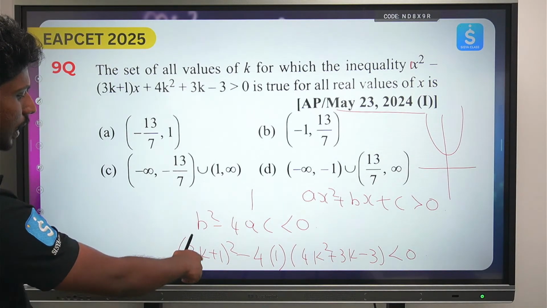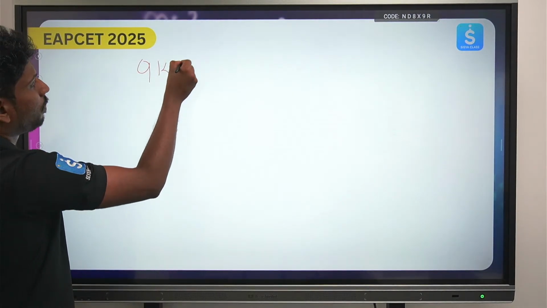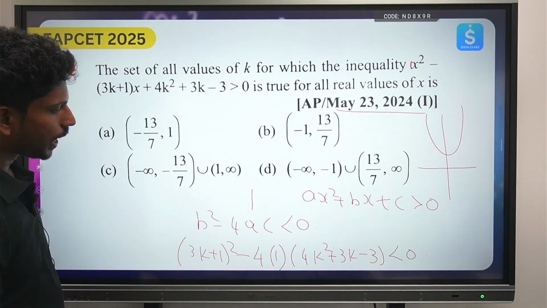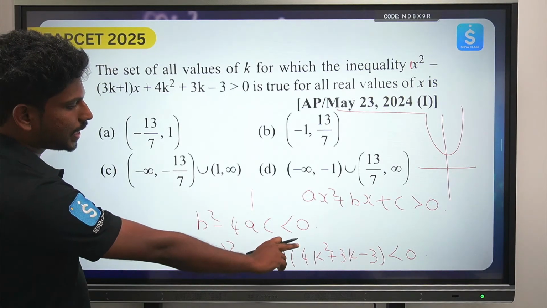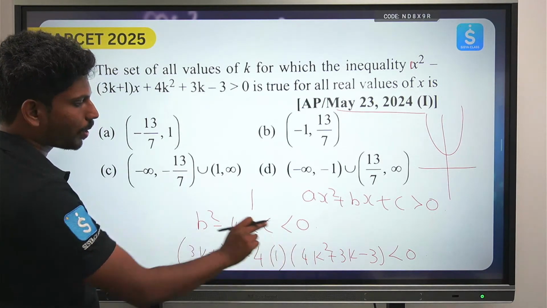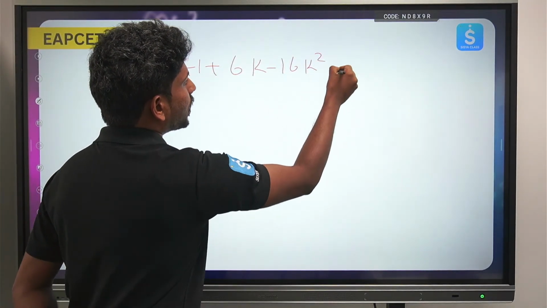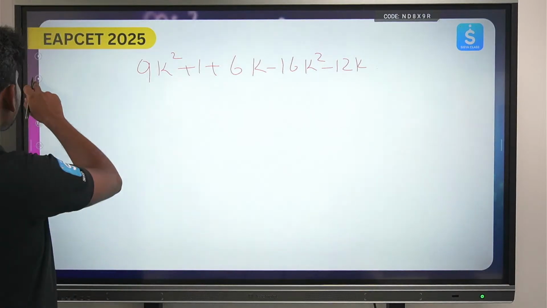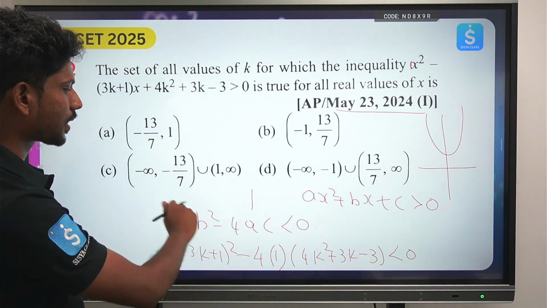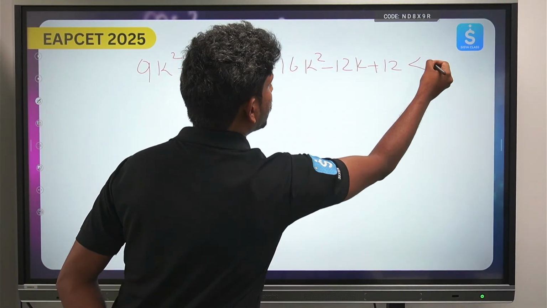Next we have minus 16k square minus 12k, and 4 threes are 12, and minus of minus is plus, so that will become plus 12 is less than 0, right?